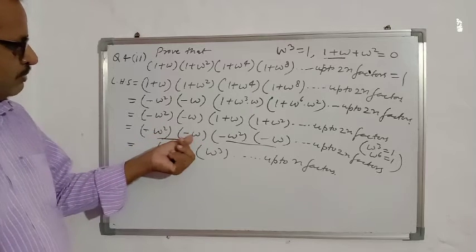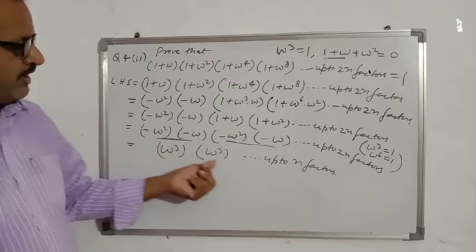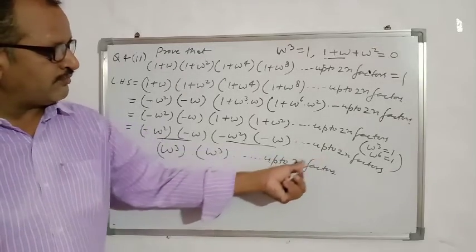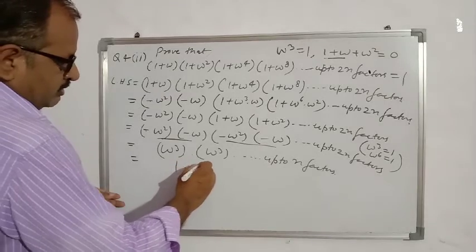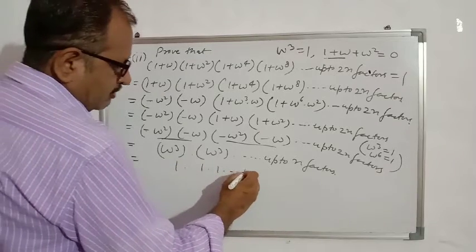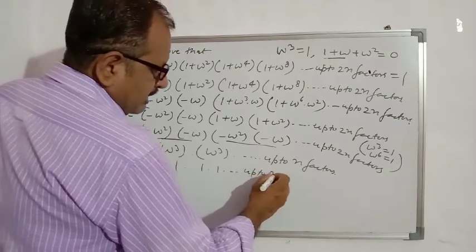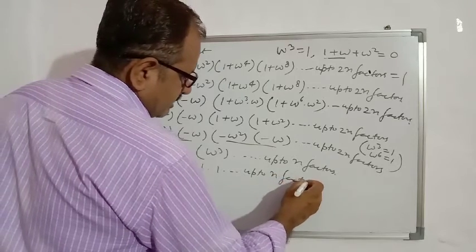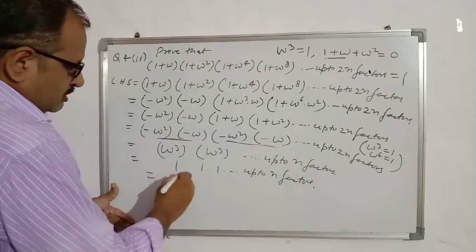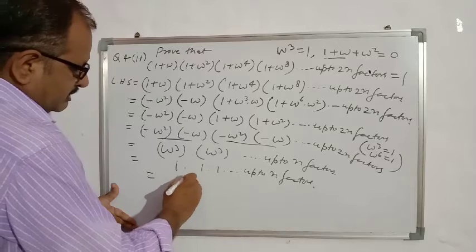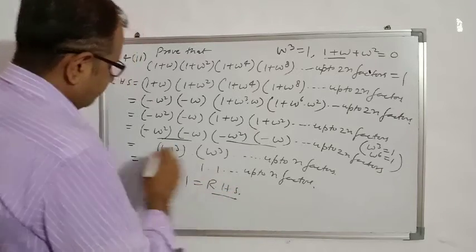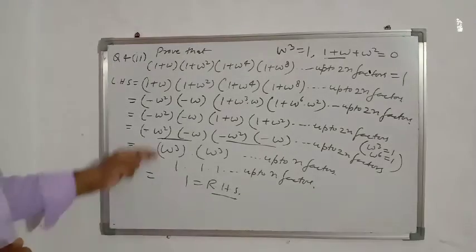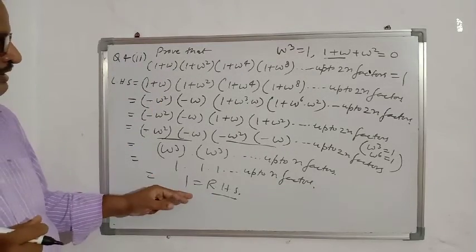We have multiplied two brackets together, so the number of factors will become half. Half of 2n means n factors. Omega cube is 1. 1 into 1 into 1 up to n factors will be 1. This is RHS. So left hand side is equal to right hand side. It is proved.